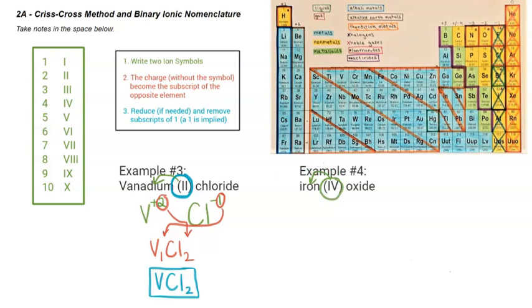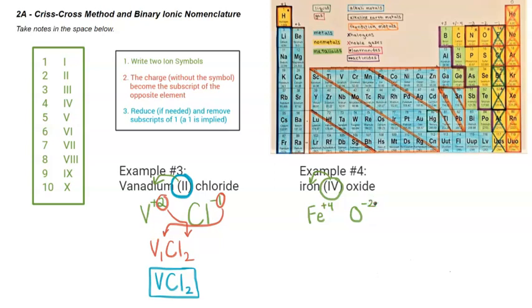So this is Roman numeral 4, so we would read this iron 4 oxide. It's telling us that the iron, chemical symbol Fe, has a positive 4 charge. Then oxygen, we'll need to look at the periodic table to figure out its charge. It's right here, and so it has a charge of negative 2. So iron 4 oxide.